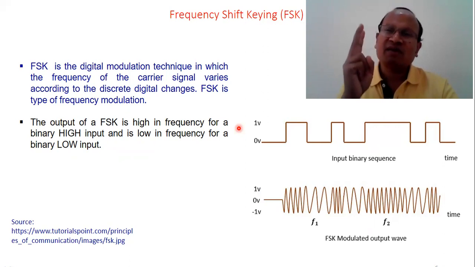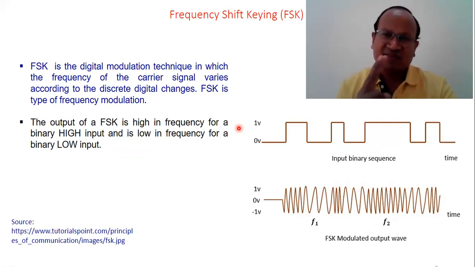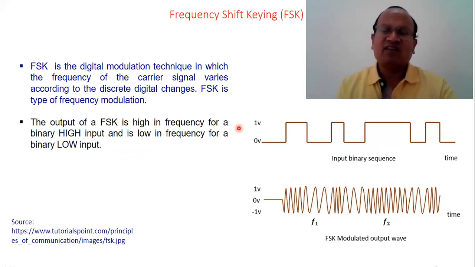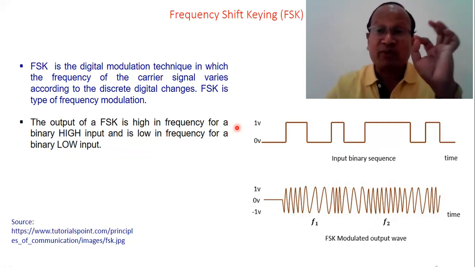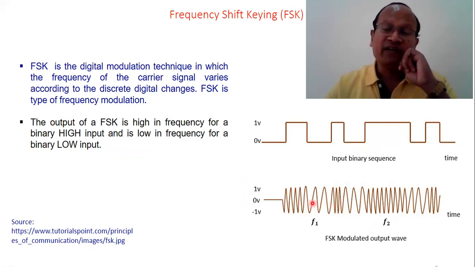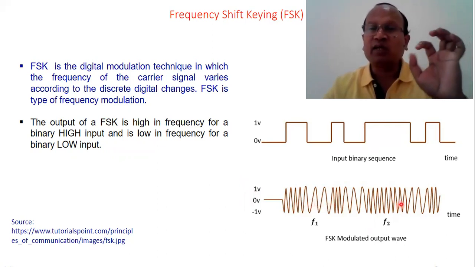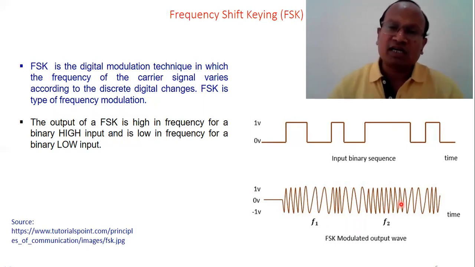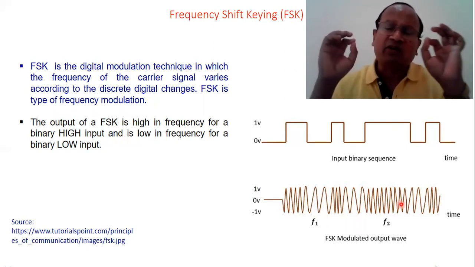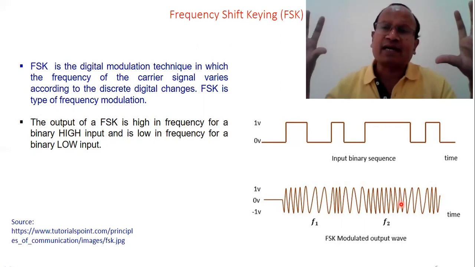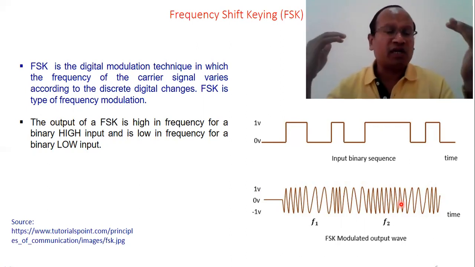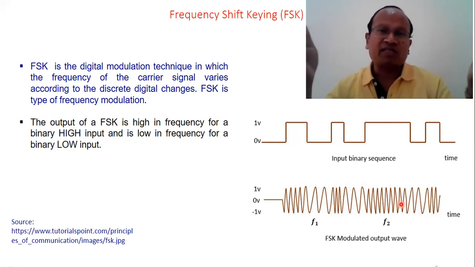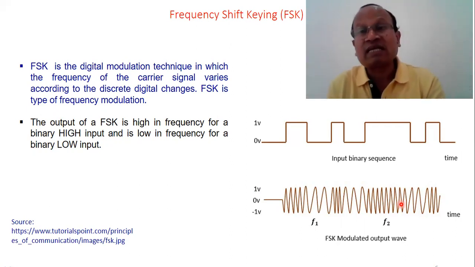Here we have only two levels in the message signal, and accordingly we have only two frequencies. See here, low frequency F1, high frequency F2, and this will go on. So the carrier signal will have only two frequencies throughout: low frequency when the message signal amplitude is low, high frequency when the message signal amplitude is high.